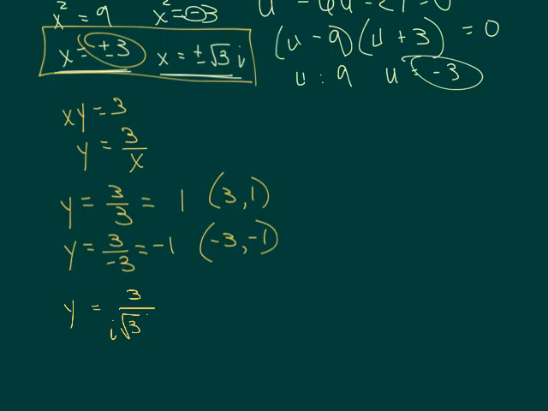If I multiply by the conjugate, remember when you multiply by the conjugate, it gets rid of my i values, because now this becomes i times i, which is i squared, which is negative 1. And then because I take an i times a negative i, I get negative i squared, which is negative 1, with a negative sign on it, gives me a positive 1. So that gives me a square root of 3 times the square root of 3, which is 3. And I can cancel it with that 3 and get a real quick and easy answer here.